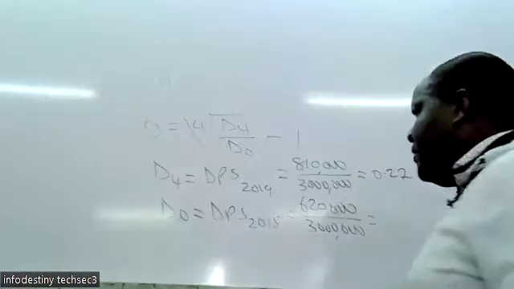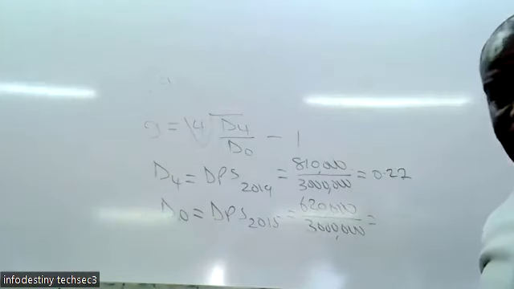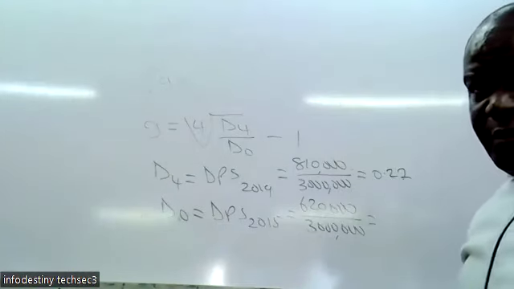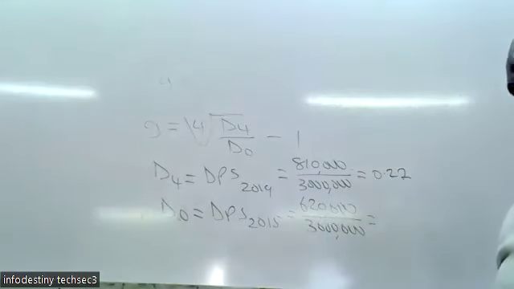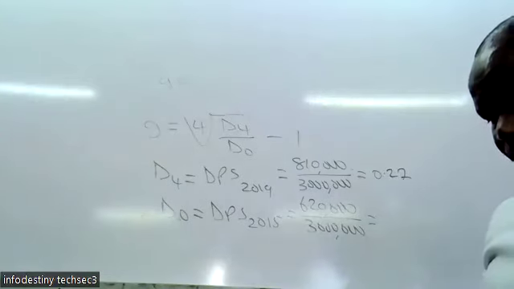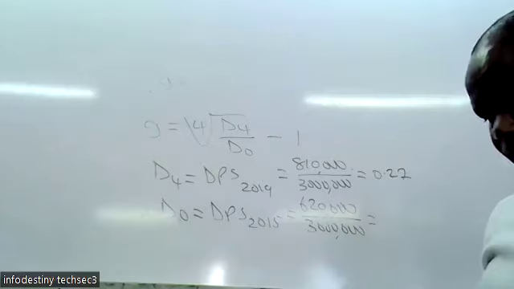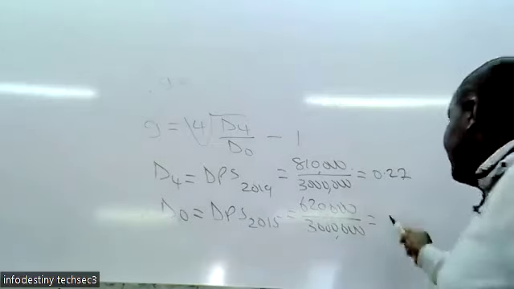How about the dividend per share in the year 2015? It is 0.21.